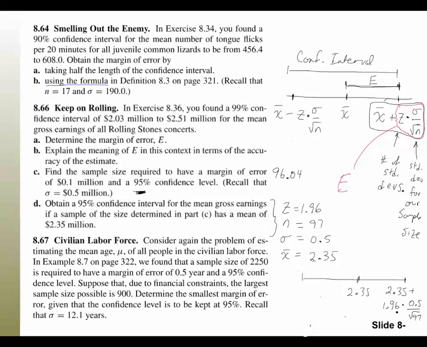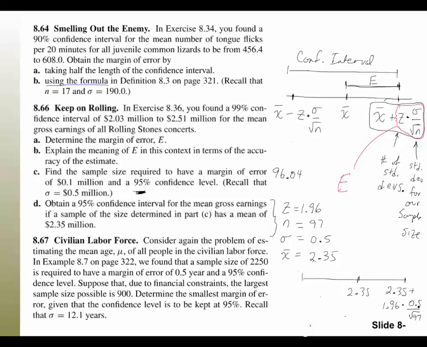What is this? We're going up 1.96 standard deviations above the mean, right? So that formula should make sense, and that should help you to remember it rather than just trying to memorize the formula, right? So we're going to go above the mean, 2.35 plus that number of standard deviations, and this is our standard deviation for samples of size 97.